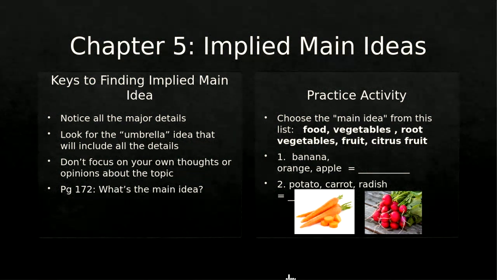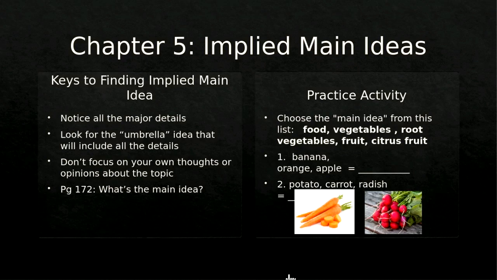Okay, any questions? No. Okay, doing good. Let's go to another quick little practice activity. Look at the right side of your screen. And it says, choose the main idea from this list.